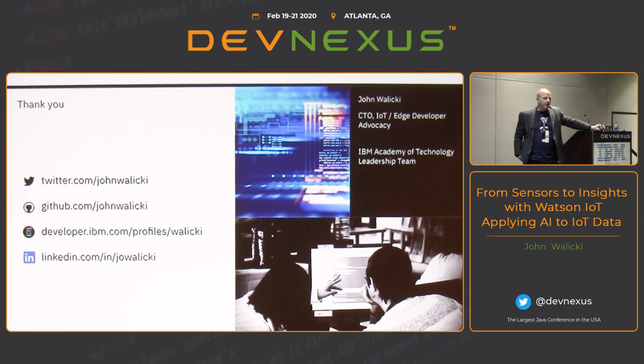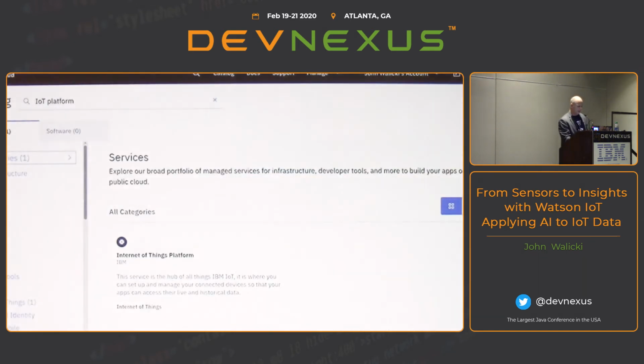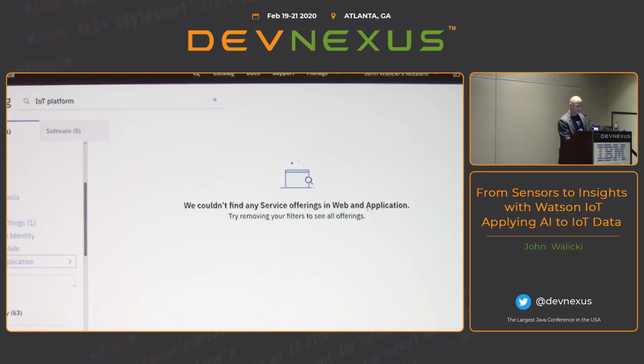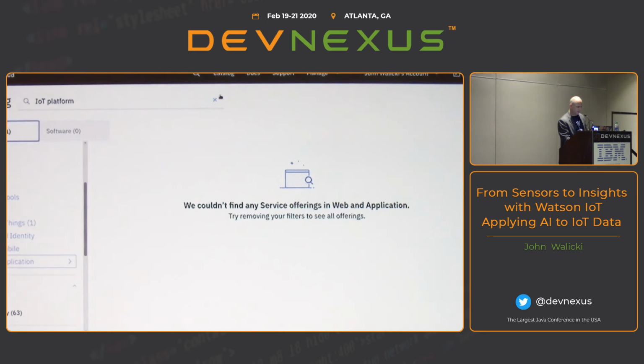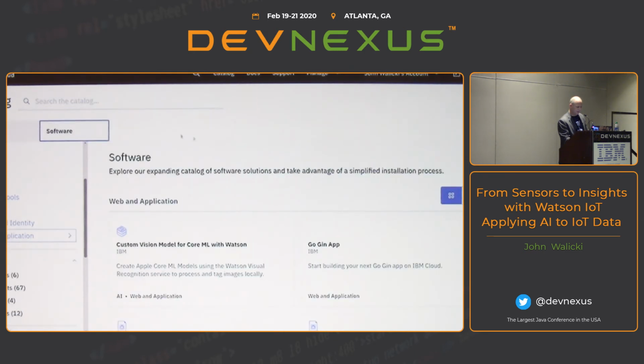So you can, in our catalog, I'll take my finger off so I can type. Let's jump back over to our catalog. If you scroll down to the web and applications space, software. Here we go.